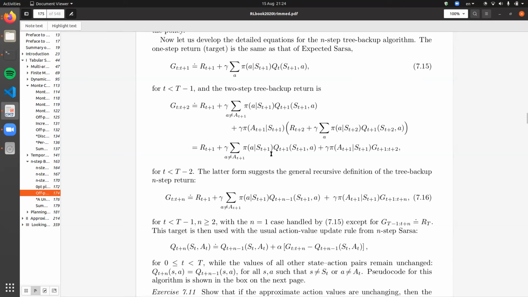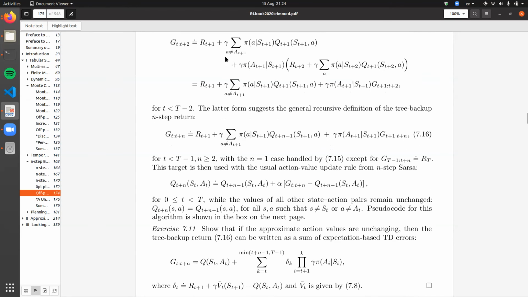And we can do some refactoring, and this can be written as a sum of 2 components: the expectation over all actions except the action we actually took, plus the returns for that action weighted by its probability.